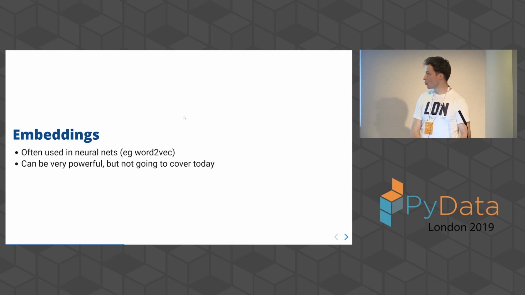One thing that I'm going to briefly mention, but not really talk about in detail, is embeddings. If any of you are familiar with NLP, you'll be familiar with these. So word2vec was the classic version of this, or at least the thing that repopularized it recently.